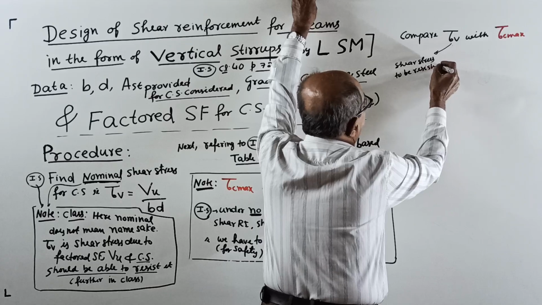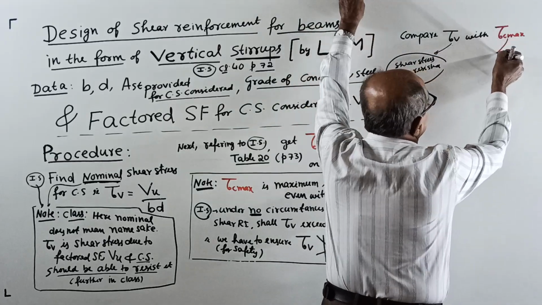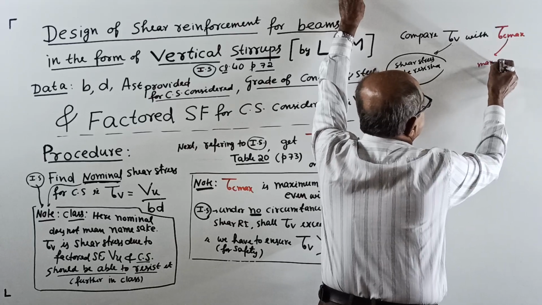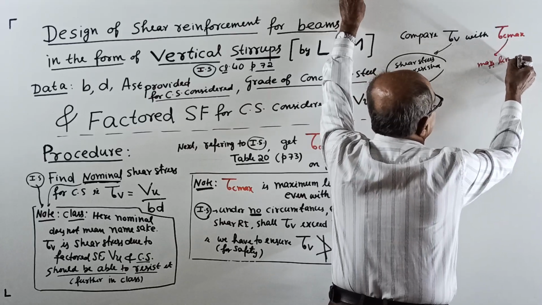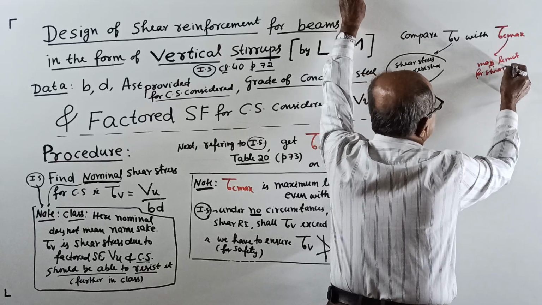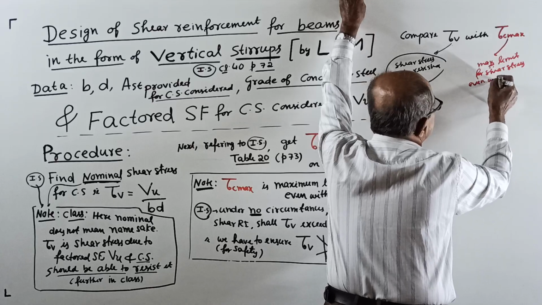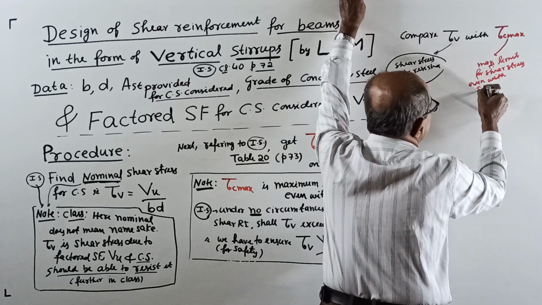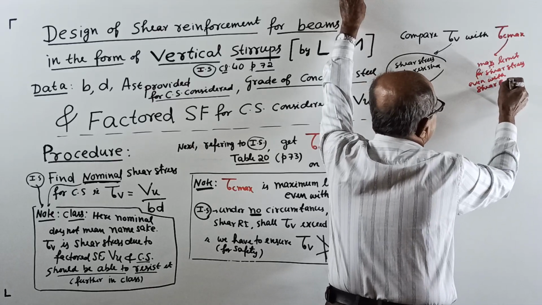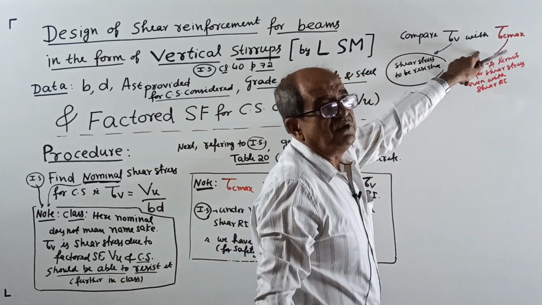Actually, just to understand, tau C maximum is the maximum limit for shear stress even with shear reinforcement. Even if you provide shear reinforcement, that is the limit. So compare with tau C maximum.